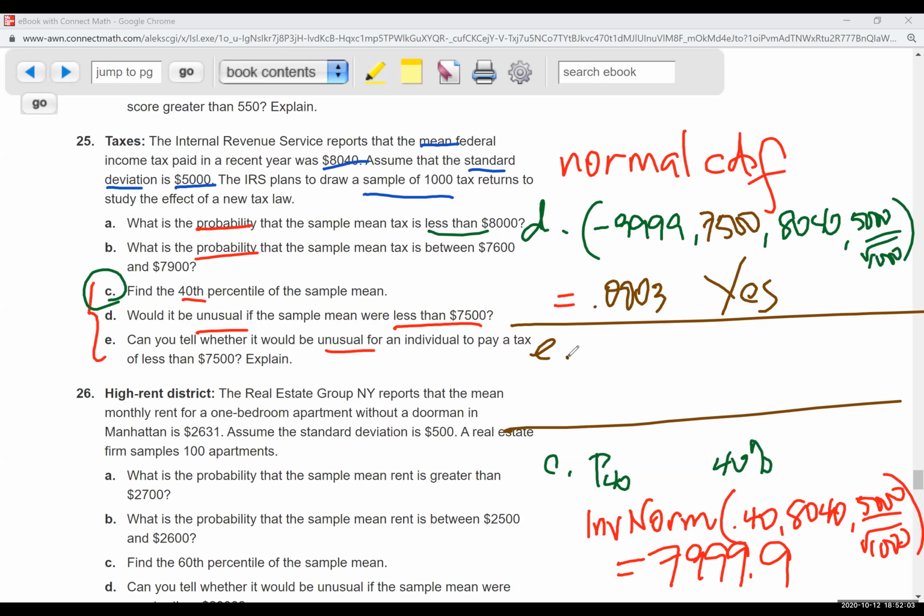Yes, very good. So here it's the same as less than 7,500, so that is your upper. So this negative 9,999, this is 7,500. You still have the same mean of 8,040. And since you're talking about the individual here, the standard deviation is 5,000 over square root of 1. The square root of 1 is 1, right? So just simply use 5,000.